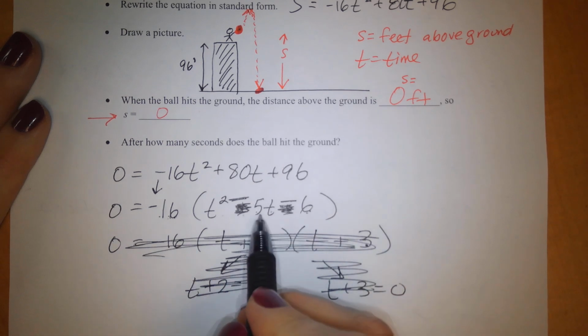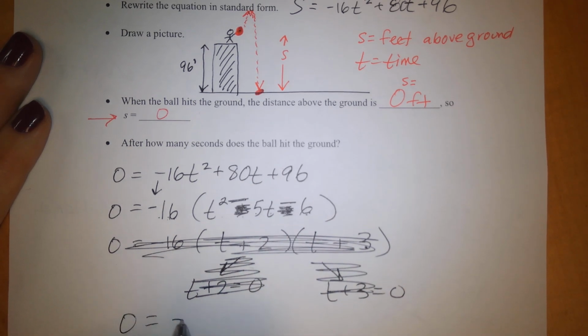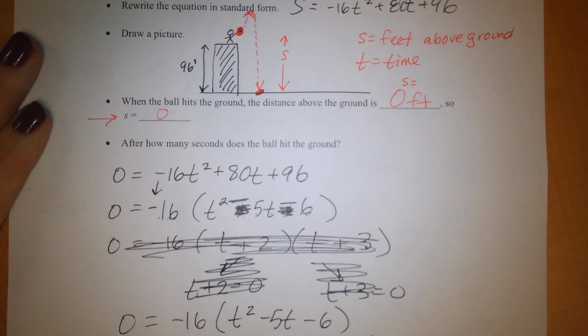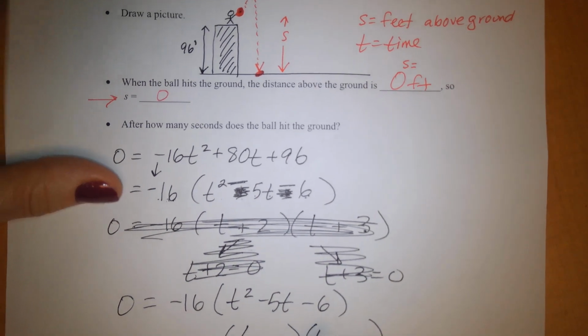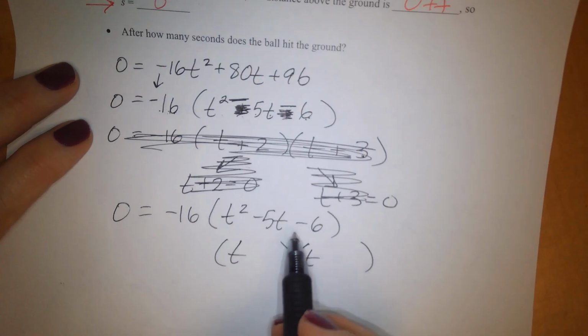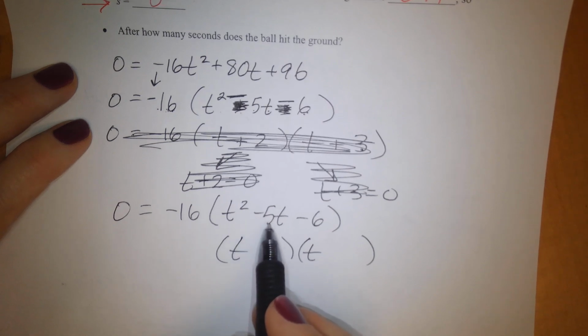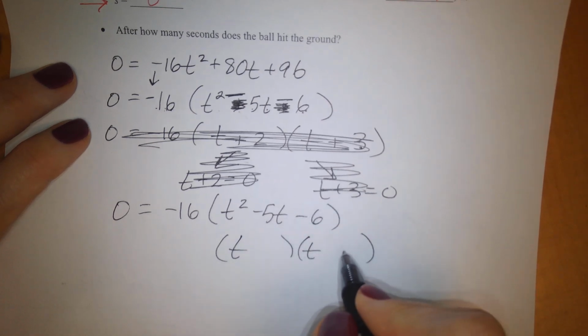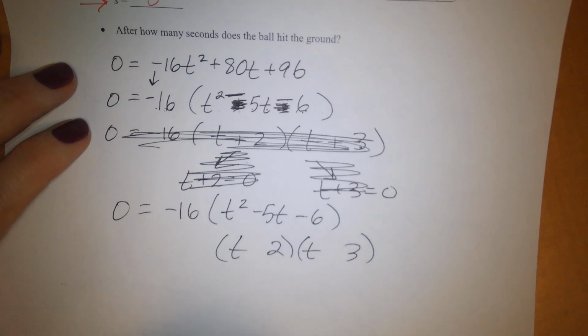Okay, now that we have the correct signs, we have negative 16 times t squared minus 5t minus 6. So that is factorable. Two numbers that multiply to make negative 6, but add up to negative 5. Let's see, that would probably be 3 and 2.